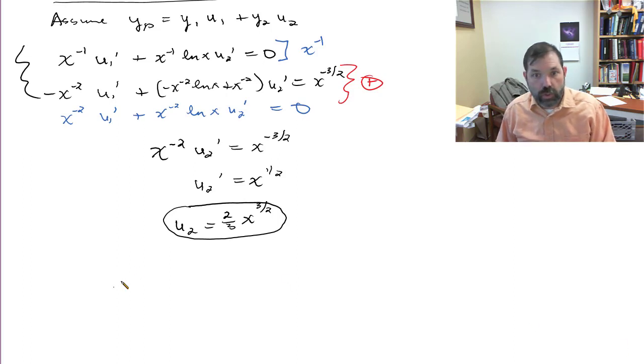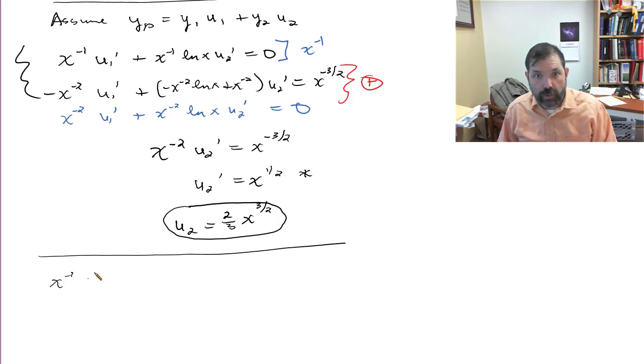Alright, so now let's use this fact that u2 prime is x to the 1/2 power. I know then that x to the negative first u1 prime plus x to the negative first natural log x times u2 prime, make a substitution there.